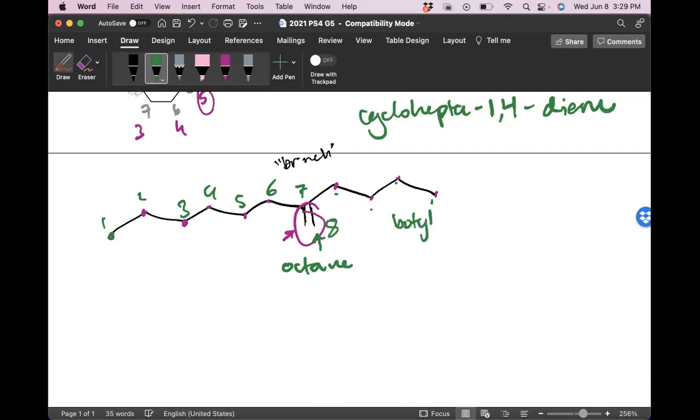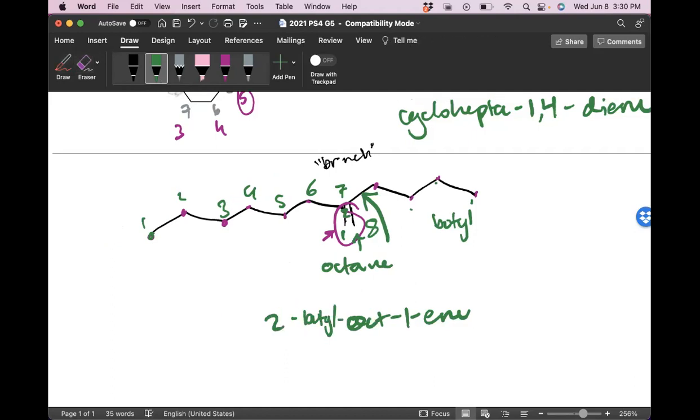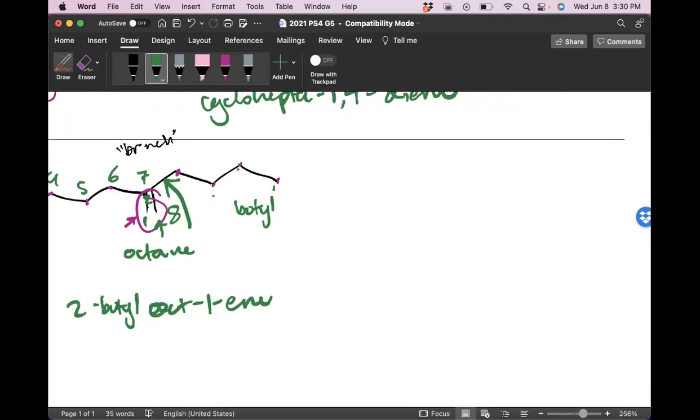And the octane, you just treat as if it was an alkene, so it would be oct-1-ene. If we number it that way, 2-butyloct-1-ene. Nope, no dash. Butyloct-1-ene.